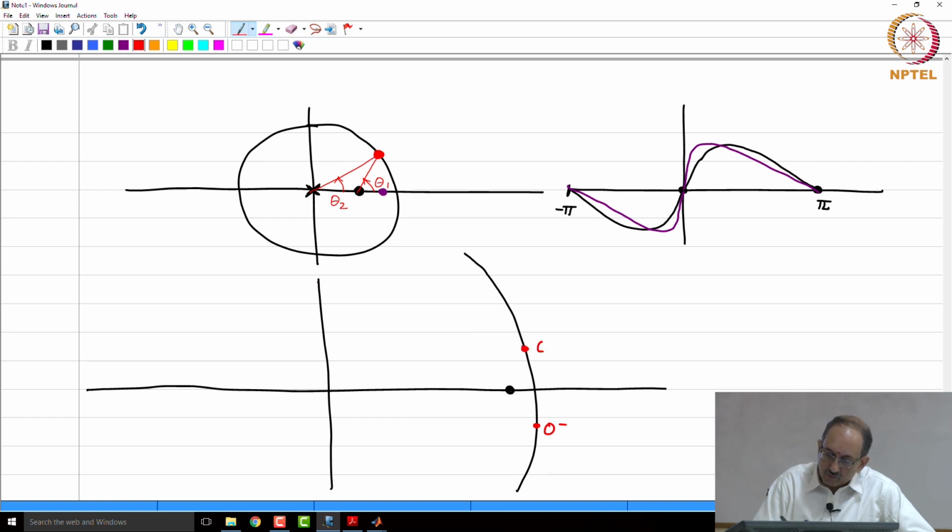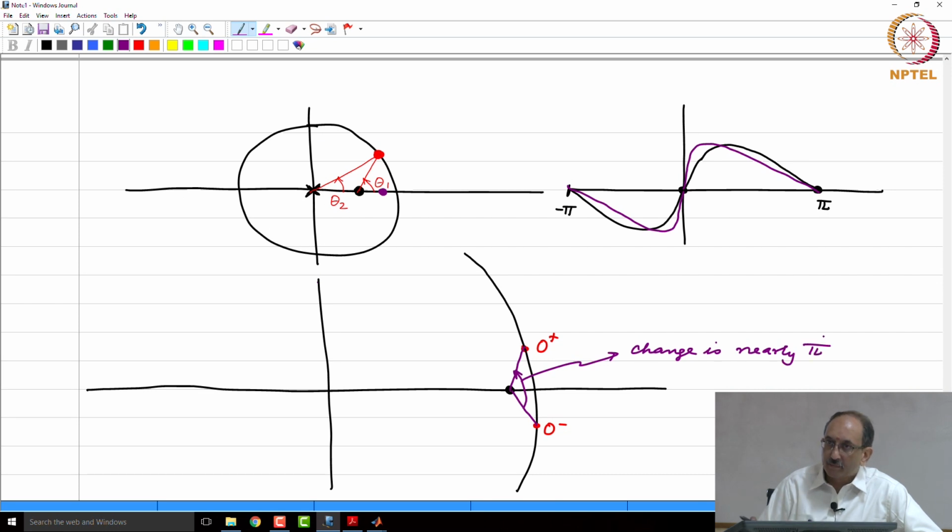When I am here on the unit circle, I am at omega equal to 0 plus, and R is very, very close to 1, and this is an expanded view. And you can see that at 0 minus, this is the angle subtended by this 0. At 0 plus, this is the angle. And when I go from 0 minus to 0 plus, the change is nearly pi.